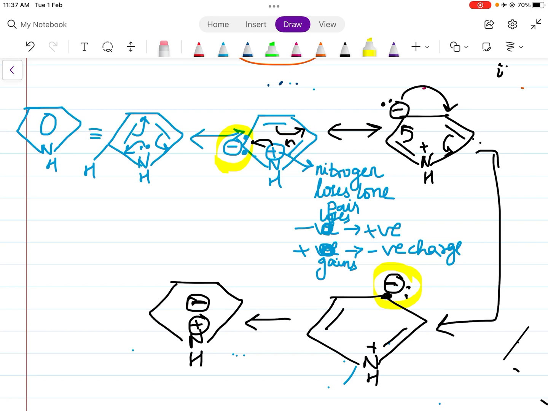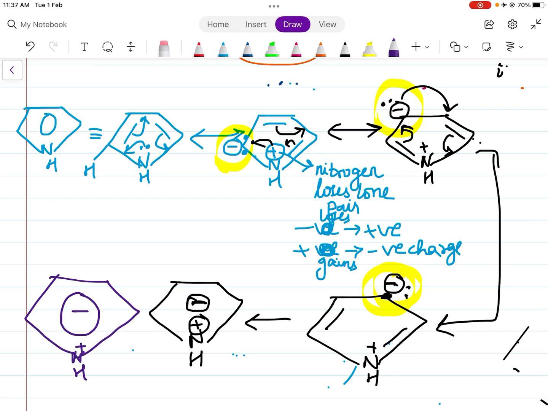First the negative charge was here, then it went over here, then over here. Because the negative charge is flowing, we show it like this. For pyrrole, this is the ring and there is a negative charge inside the ring which is flowing. Nitrogen is positive and you have a hydrogen.